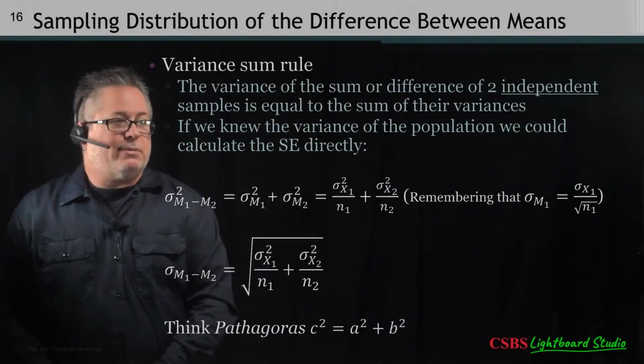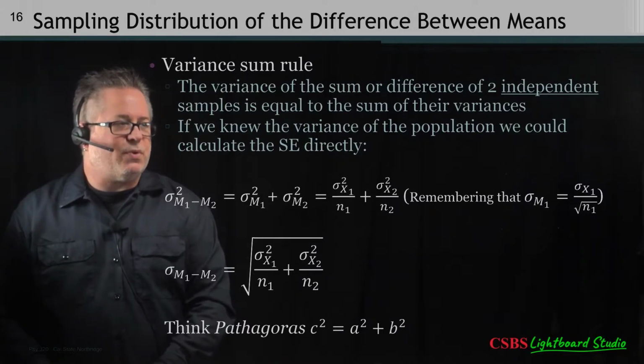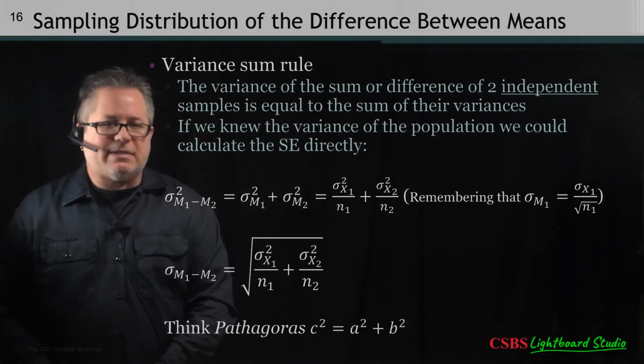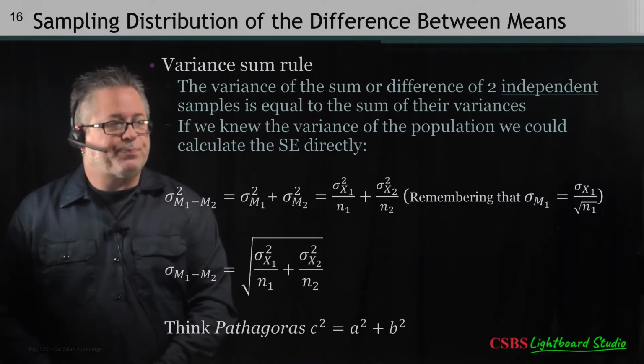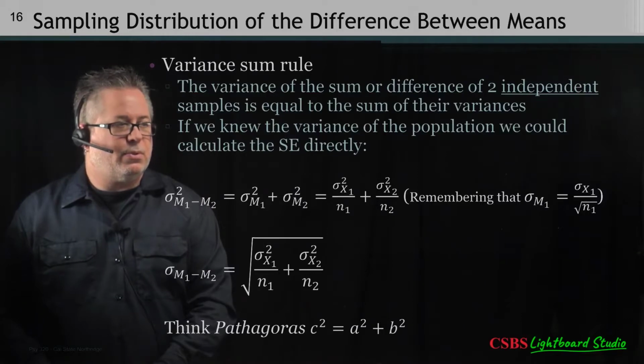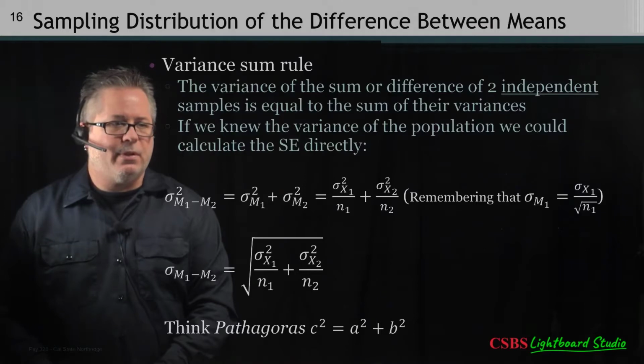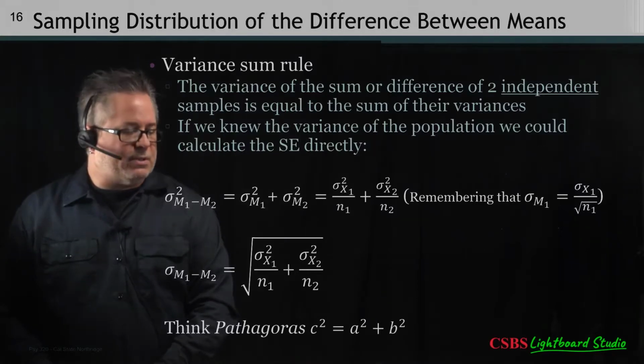We are talking about the independent samples t-test, and this variance sum rule and how to estimate sigma. Knowing this variance sum rule, we talked through a bunch of this stuff up here.